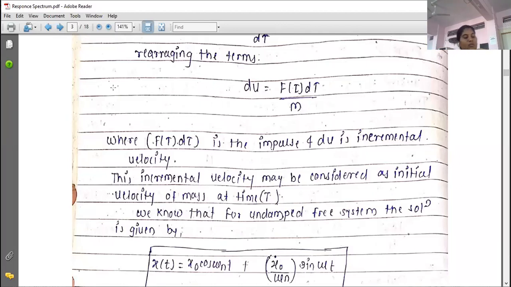So rearranging the terms, we can write dv is equal to F(τ) dτ by m, where F(τ) dτ is impulse, and dv is incremental velocity.